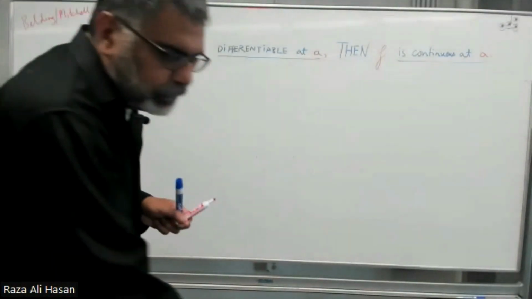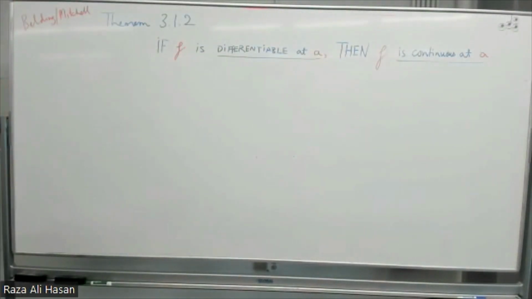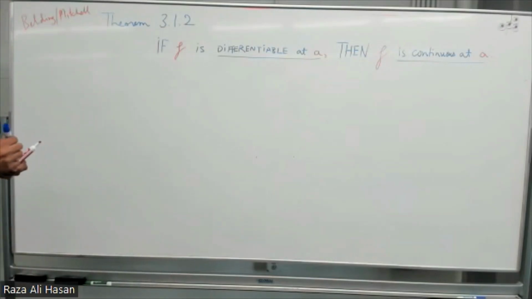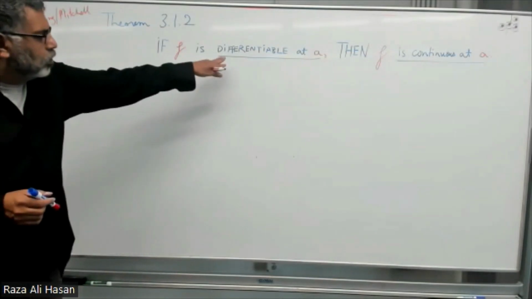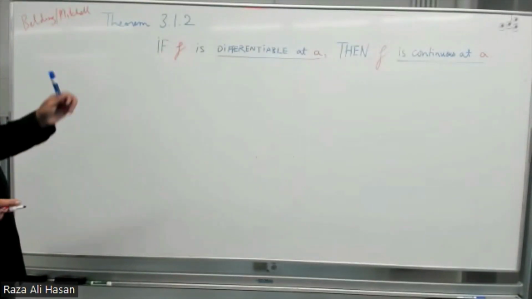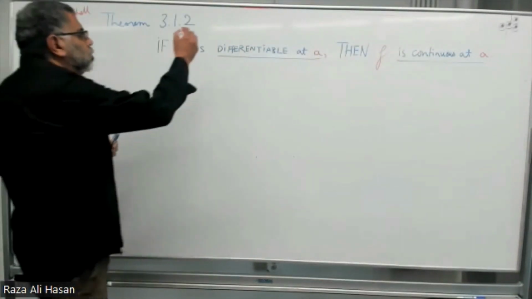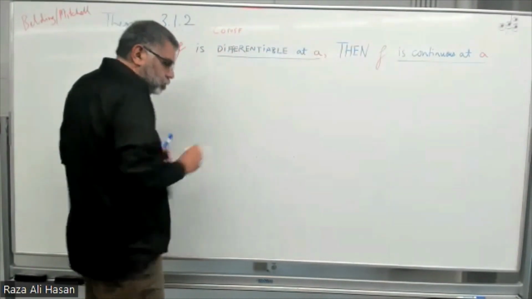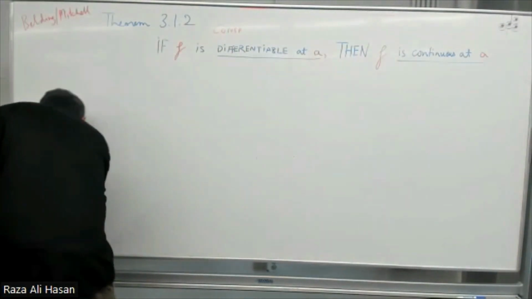Okay, so that is our theorem that we're going to prove. And I don't know if you were there last time, but we went over what this phrase means and what that phrase means. So I'm going to write them down. This is our antecedent.